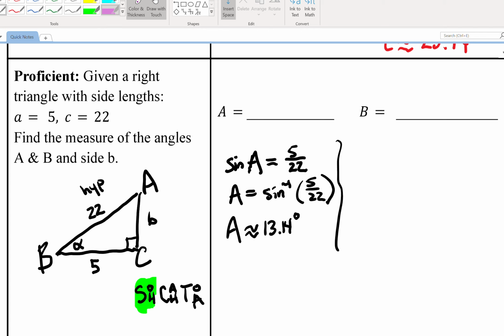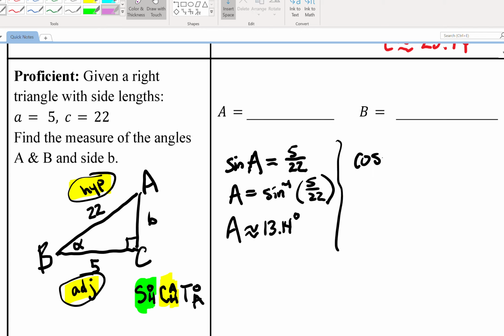Alpha there is the angle B, but now I see the hypotenuse is still the same. It hasn't changed, but 5 now is right next to the angle, so this is the adjacent side. So if I've got A from adjacent and H from hypotenuse, A and H, that's the cosine. And so then I go, oh, okay, well, let's write that equation.